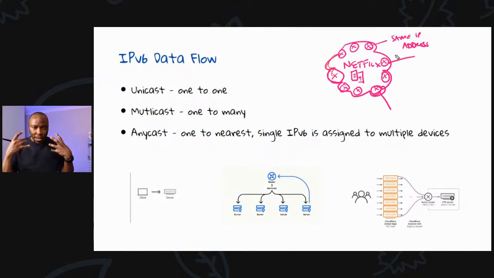But the address that this router and this router share are the same address. It's just that you get serviced by the router that is closest to you. So that's how anycast basically functions, right? One IP address assigned to multiple devices, and depending on where you connect from, you get serviced by the device that is basically closest to you.